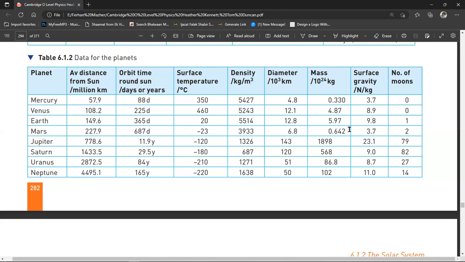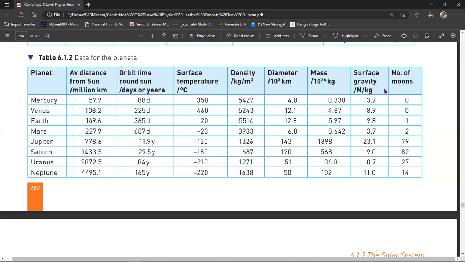The mass of Mars is 0.642 times 10 to the power 24 kg, and Jupiter's mass is 1898 times 10 to the power 24 kg, and Saturn's mass is 568 times 10 to the power 24 kg, and Uranus mass is 86.8 times 10 to the power 24 kg, and Neptune's mass is 102 times 10 to the power 24 kg.